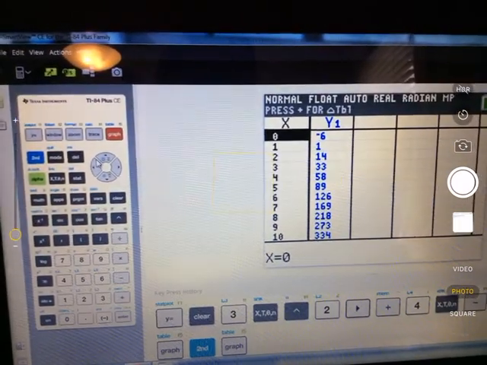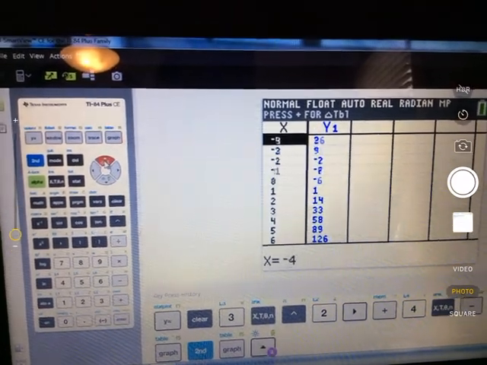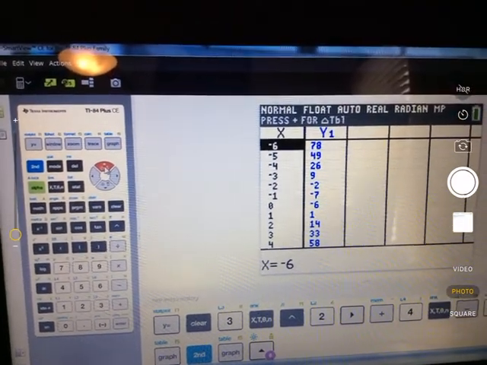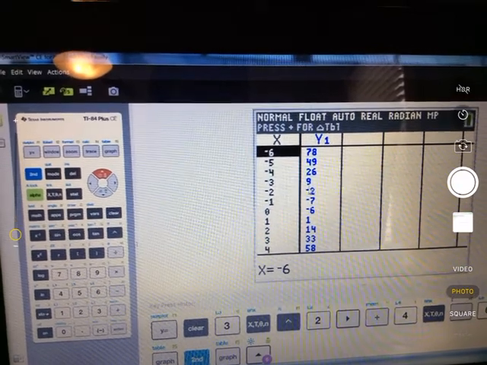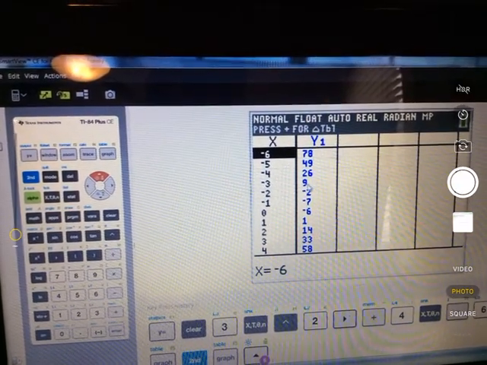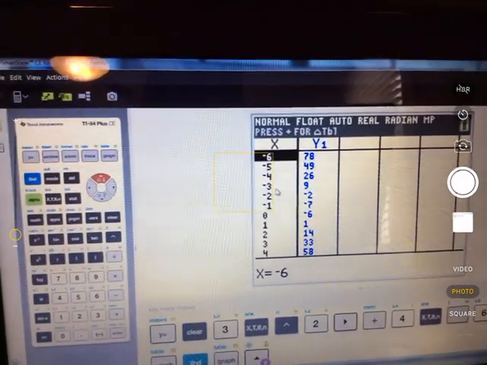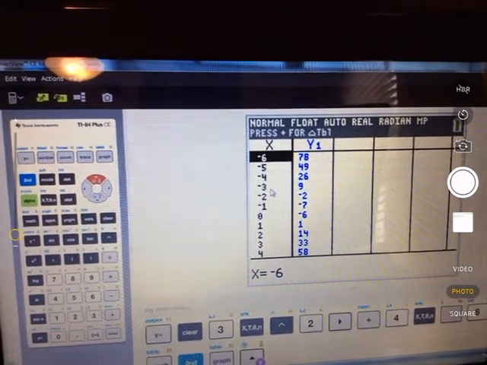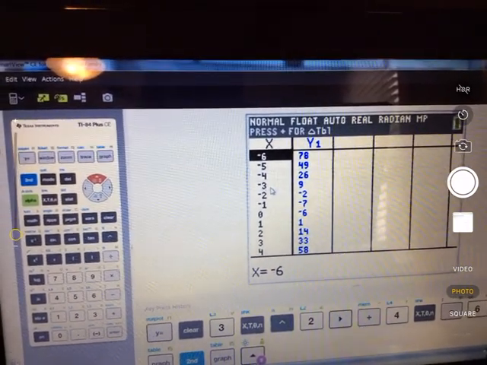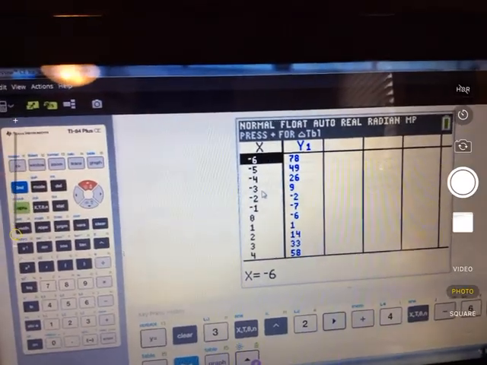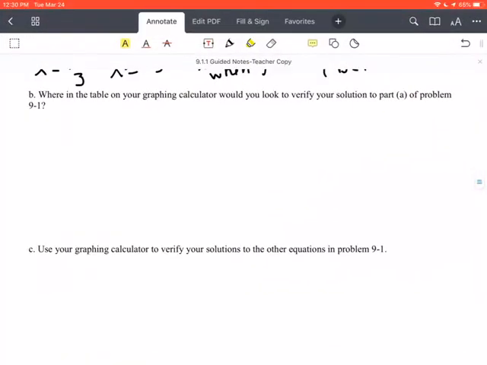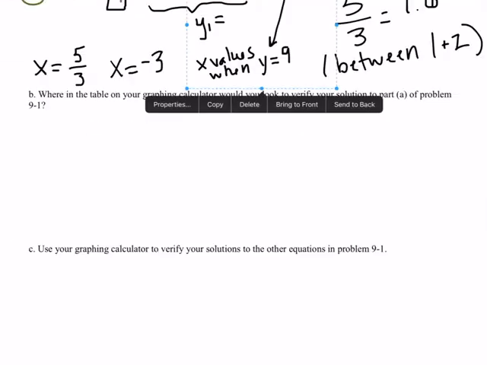And then if we go back up, we're going to see numbers going in the reverse direction. We can see on the table y is 9 when x is exactly negative 3, and that was one of the solutions we got. So now it's just coming full circle for us. So again, to reiterate, where in the table would you look to verify your solutions to part A?